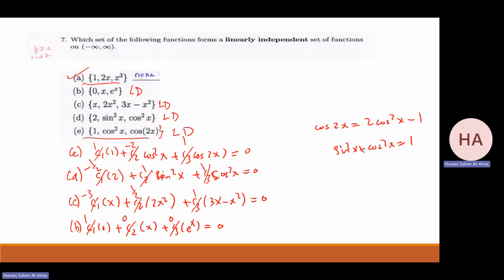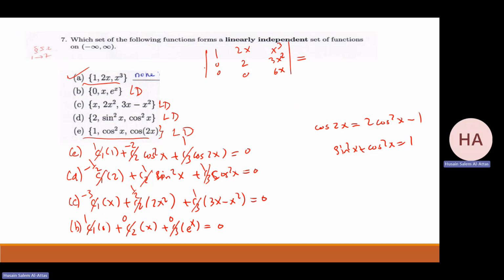This one is not; actually, you can do the Wronskian. 1, 0, 0, 2x, 2, 0, x cubed, 3x squared, 6x.